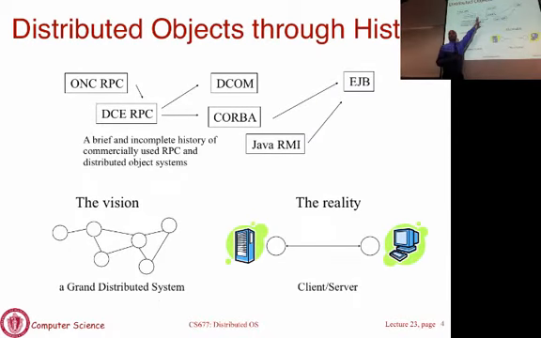Out of the DCE effort, several other middleware systems grew. Microsoft took those ideas and created COM and DCOM, which is their version of middleware. The name keeps changing. DCOM has now become .NET. Same principle. The Unix world went and designed Corba. That was in the Windows world.